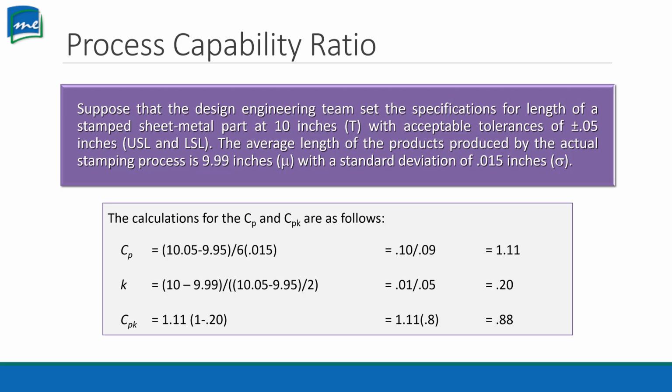So here, it appears that by reading our word problem here, our standard deviation is there. Just by reading that, it seems like it's in tolerance, but we want to be exact.